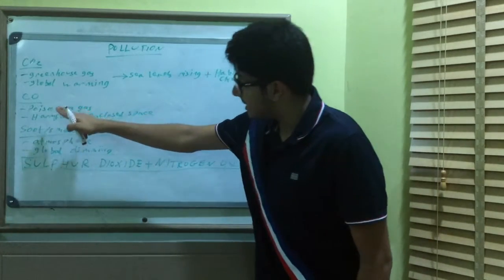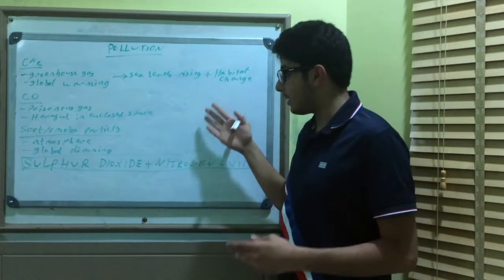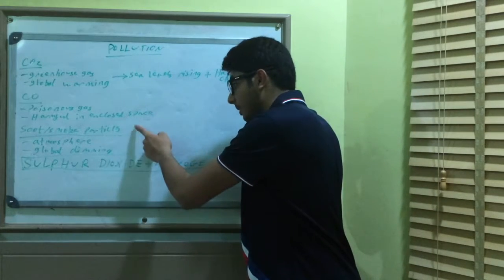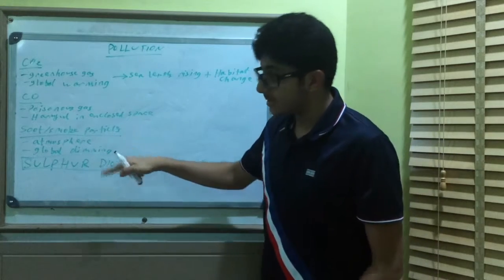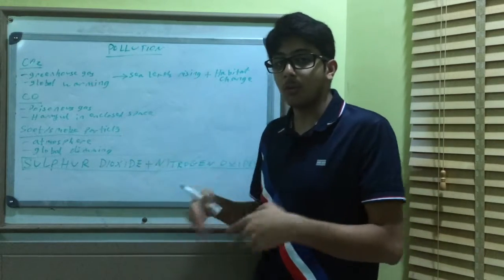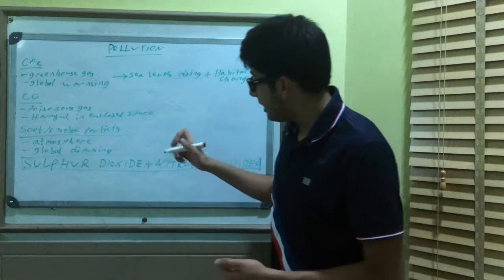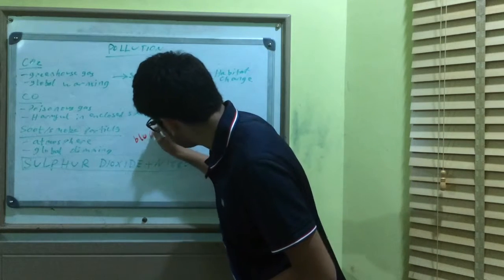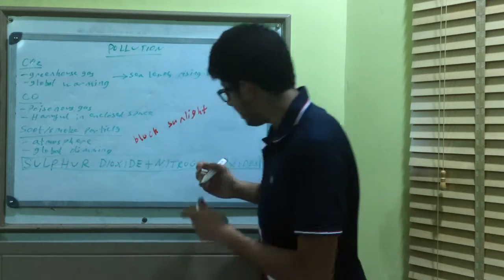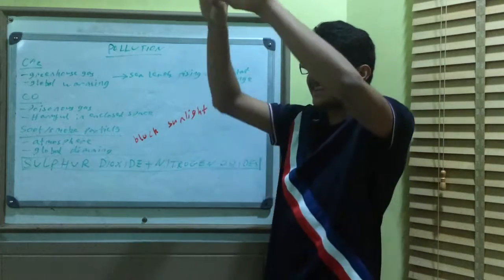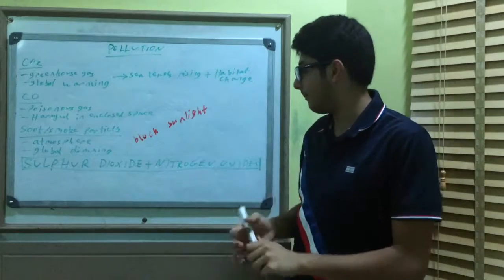Carbon monoxide, as I said, is a poisonous gas and harmful in enclosed spaces. Soot and smoke particles from incomplete combustion release into the atmosphere and cause global dimming, which is basically the blocking of sunlight. If you go to an industrial city in China, you'll know what I mean. You've got like a thick black cloud above your head.